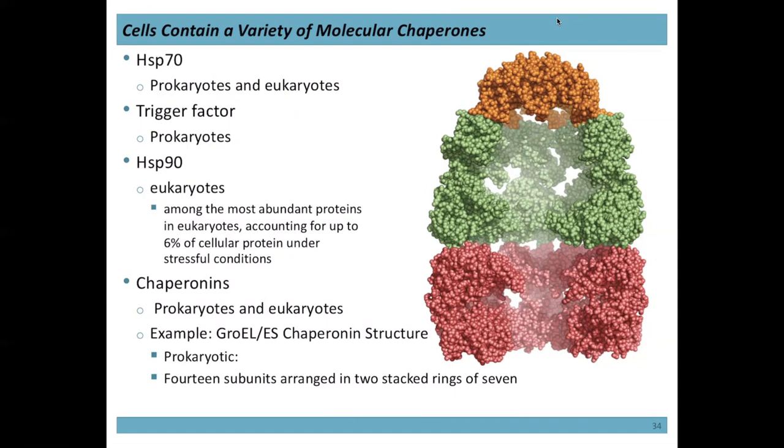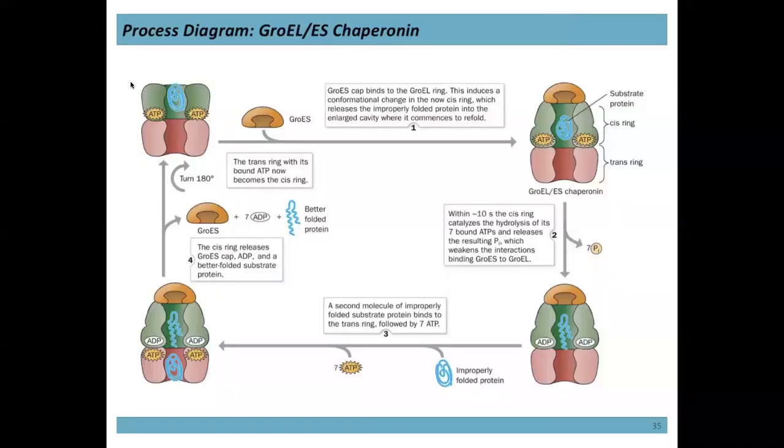So let's go and look at a diagram of how this operates. We can see in this little diagram that we'll start up here in this corner. You've got these two rings. They're actually identical, though they'll have different conformations.